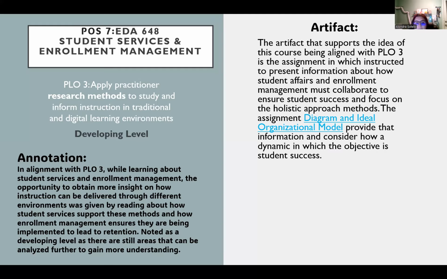So again, going back to that, what different research methods have been delivered or conducted so that there is a way to analyze what works best with traditional and digital learning environments, and how student services and enrollment management take part in that collaboration.